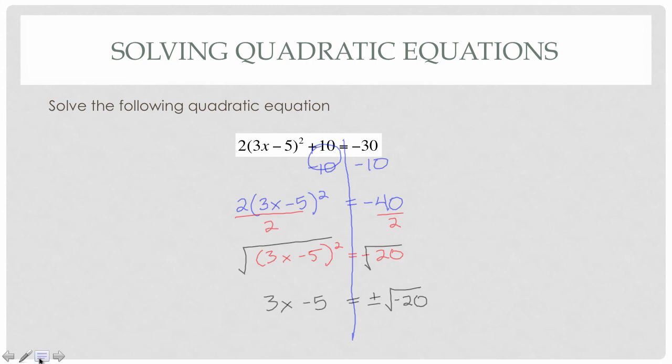Let's add 5 to both sides. Let's keep going for right now. And now we've got 3 times x equals 5 plus or minus the square root of negative 20. And for my last step, I'm going to divide both sides by 3.